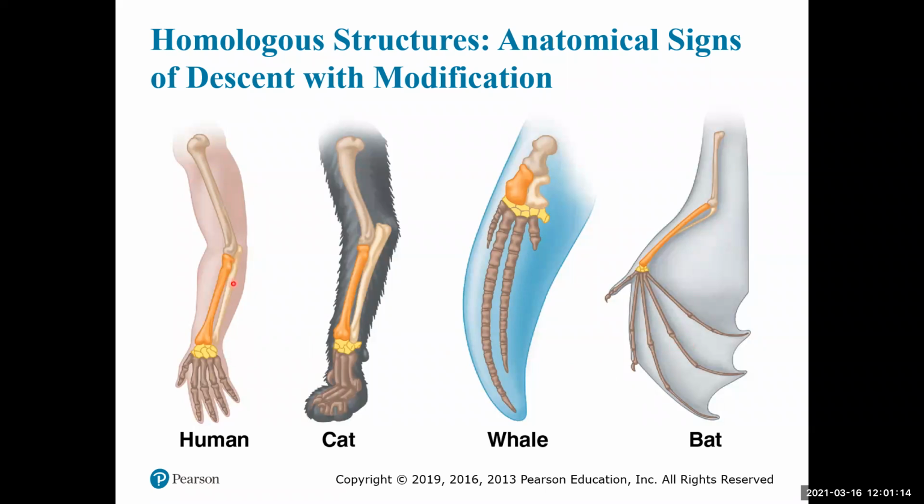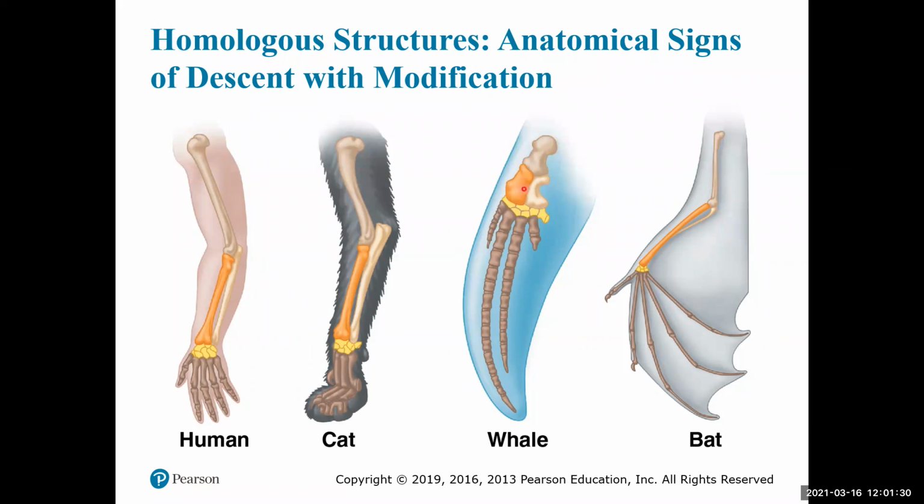And if you look at the bone structures, you can actually see the same bones are in all of these forelimbs. It's just that the shape and structure of these bones have been slightly modified.